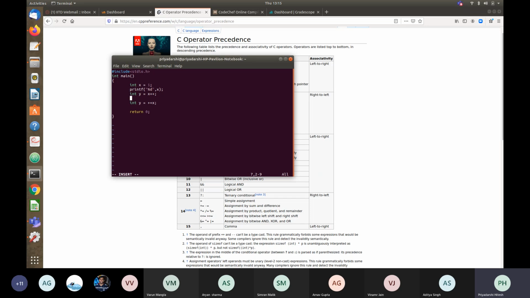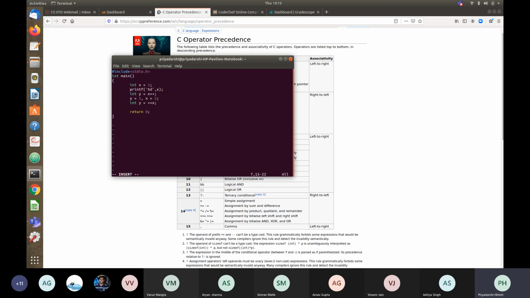So when I write y equal to x plus plus, x plus plus will increment the value of x by 1. But since we are assigning it to y and it is a postfix increment, first the initial value of x will be assigned to y and then x will be incremented. So y equals 1 and then x equals 2.